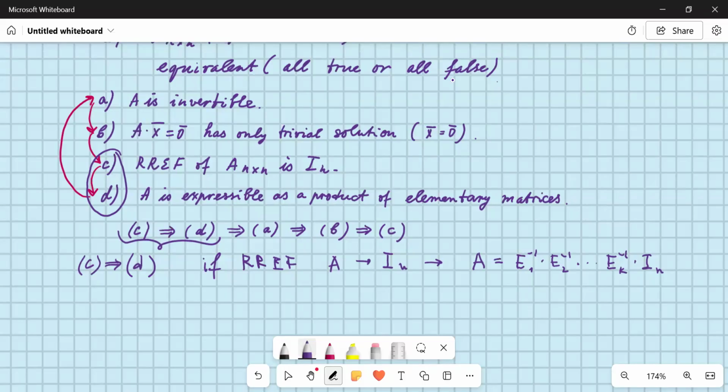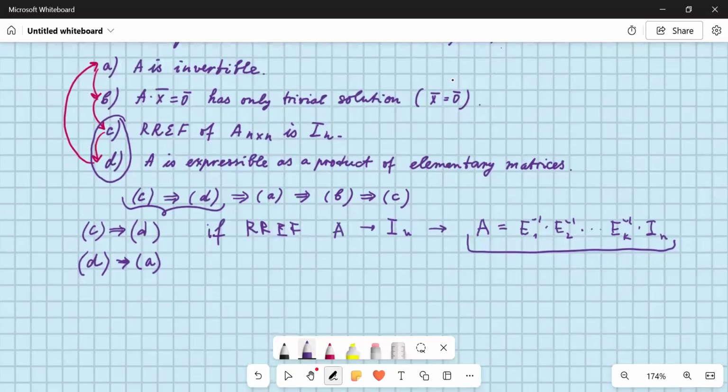Now, the second part is from D to A. We also proved this already. If A can be represented like this, then we can use it to find A inverse. I want to remind you that A inverse times A equals the identity, right?